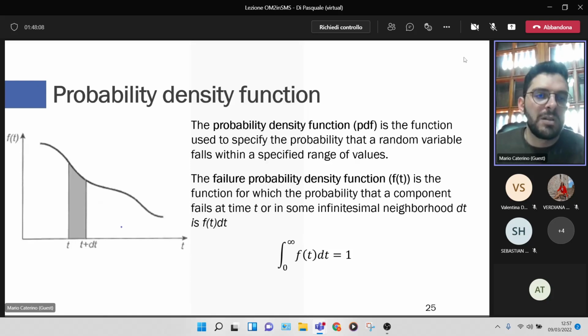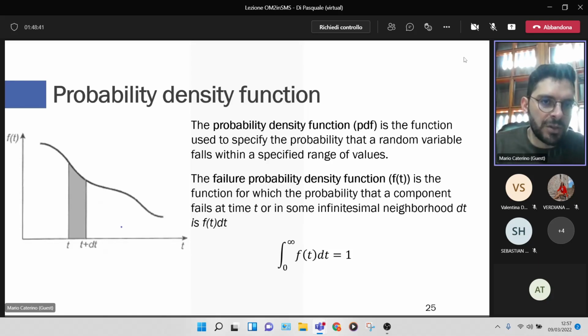So we will give some definitions here. For example, we need to define what is the probability density function, and in particular, the failure probability density function. Generally, a probability density function, identified as a PDF, is the function used to specify the probability that a random variable falls within a specified range of values.